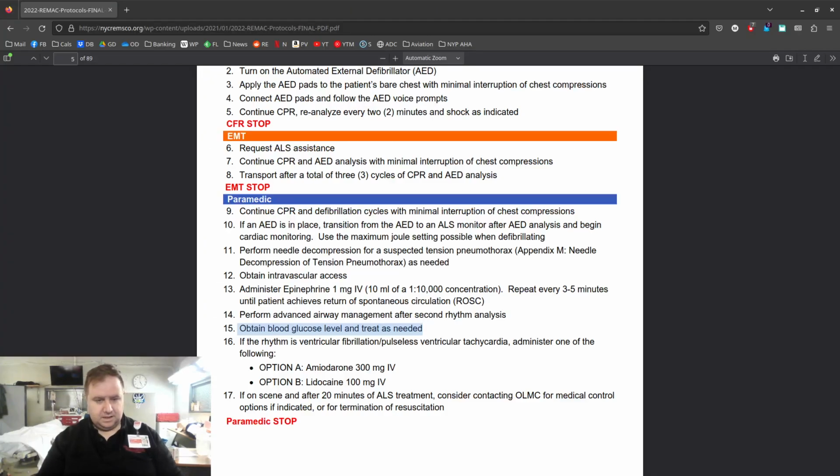Okay. So if you look at the arrest protocol here, it says for number 15, obtain blood glucose level and treat as needed. Now, if we were allowed to combine protocols, that line would be unnecessary, wouldn't it? Because we would already be obtaining a blood glucose level and treating as needed under the AMS protocol.